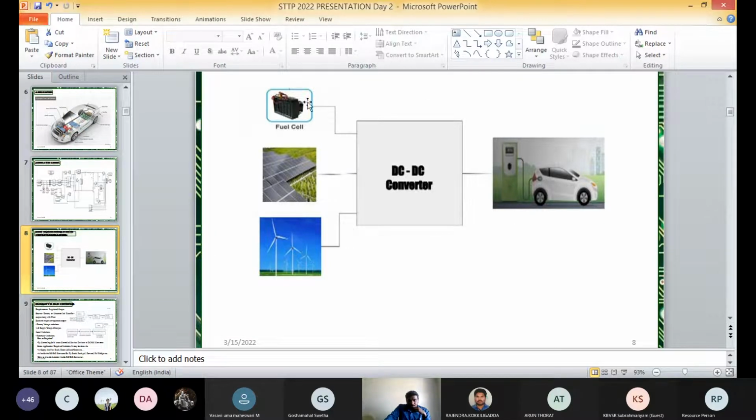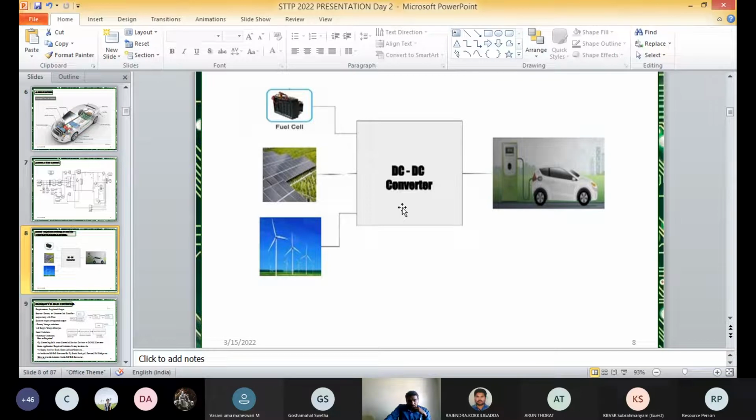We may do some research work on how to extract the maximum power, and by utilizing renewable energy sources, how we can deliver electrical DC power supply to charge the battery fast. So one area is on the sources: how we extract more power from the renewable energy sources.